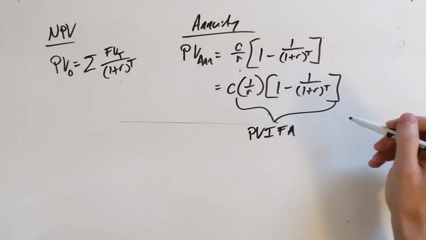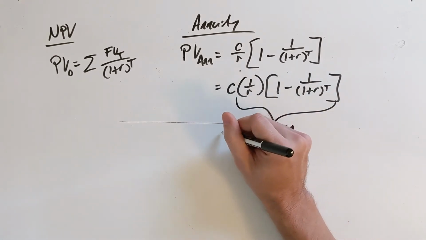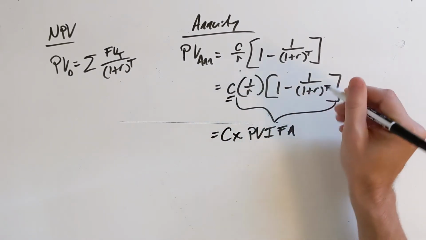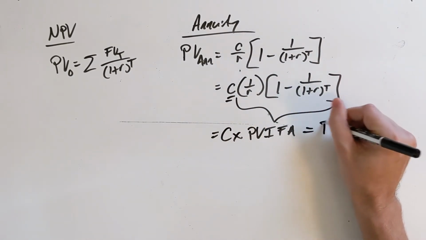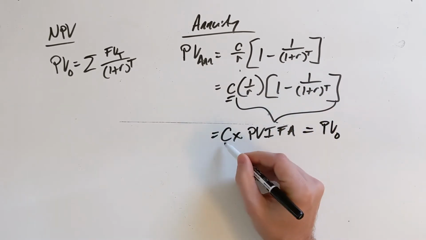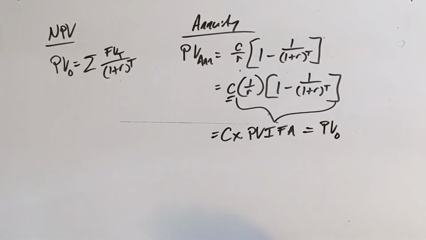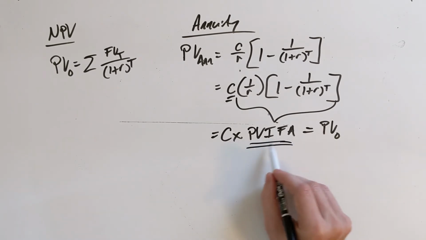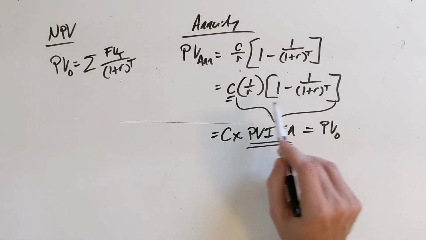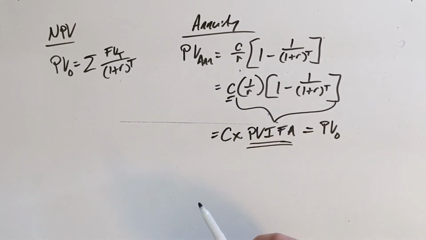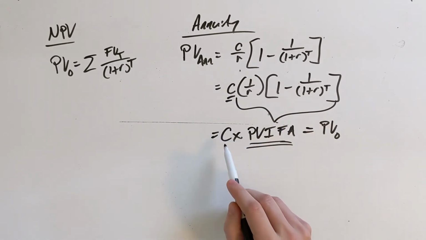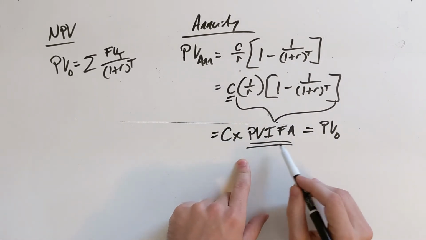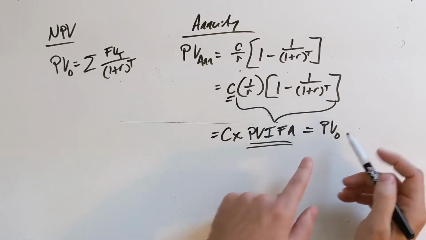What that means is if you take the payment times this whole second piece, that is the present value of that annuity of payments. This can be thought of as the present value of this annuity if you're getting $1 payments. If you multiply that by the number of dollars each payment has, then this is a number that we just multiply our cash flow by, and that tells us the present value.